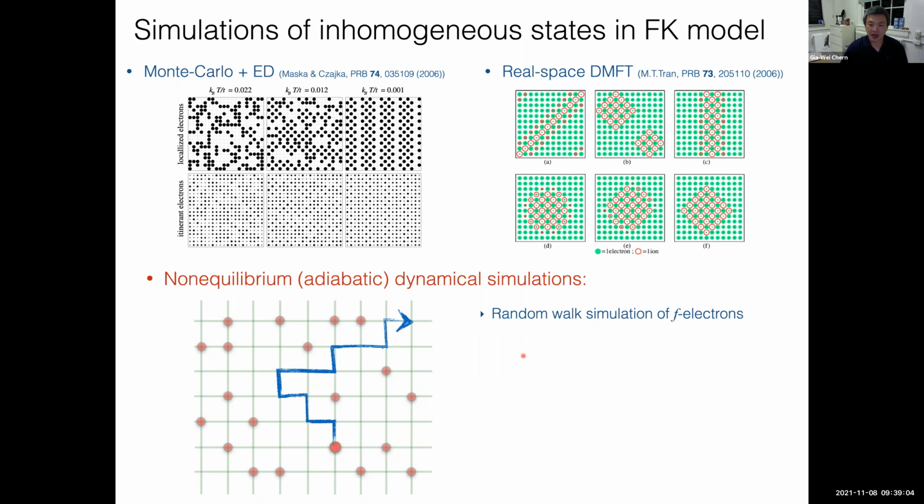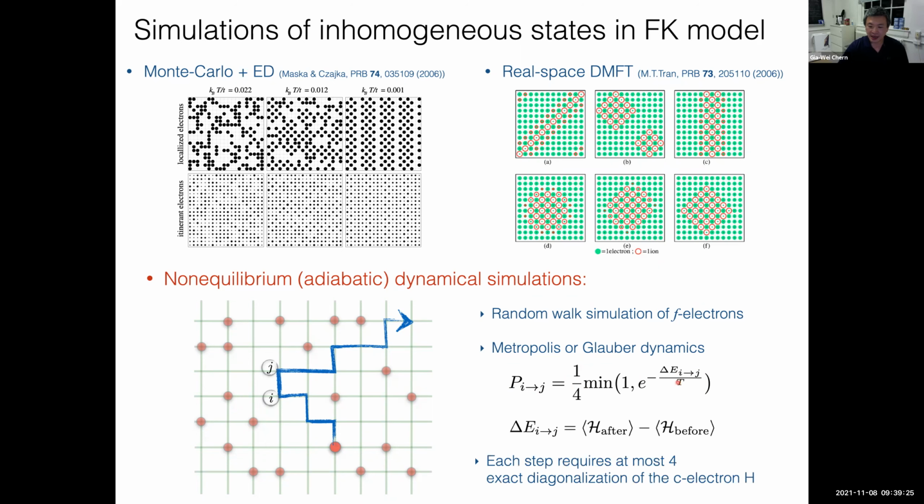But in order to move this F electron around, since the F electron interacts with the C electrons, we use this Metropolis or Glauber dynamics. But to compute the transition probability, you need to find the energy difference before and after you move it. And this involves diagonalizing the C electron Hamiltonian. Right?